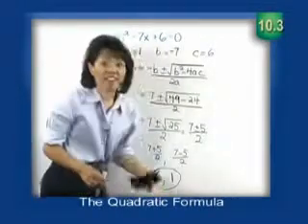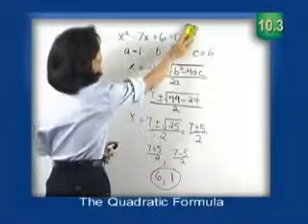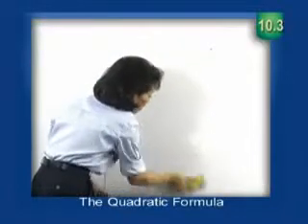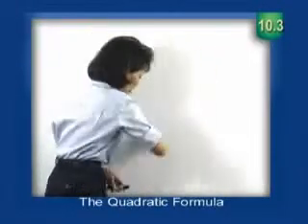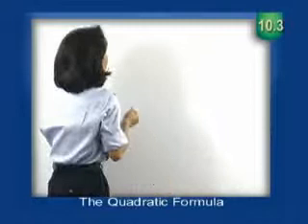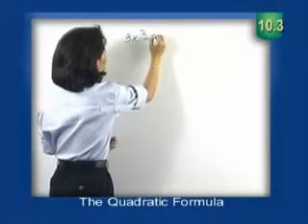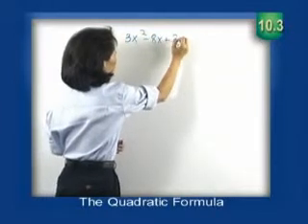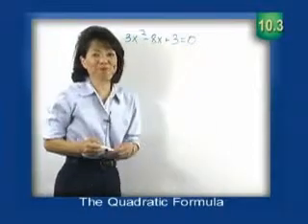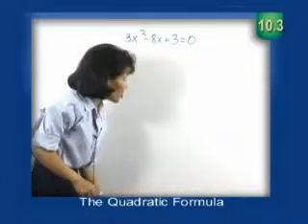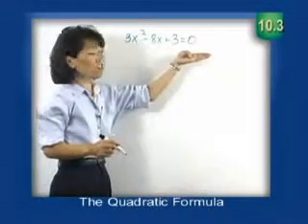Now that we've practiced with that quadratic equation, let's try one more. Let's look at 3x squared minus 8x plus 3 equals 0. Again, in this case, our quadratic equation is given to us in standard form.